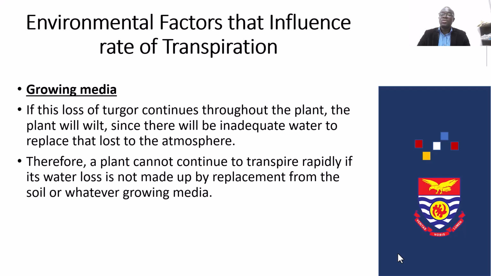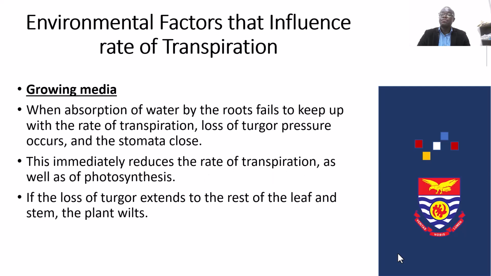If this loss of turgor continues throughout the plant, it will wilt, since there will be inadequate water to replace that loss to the atmosphere. Therefore, a plant cannot continue to transpire rapidly if its water loss is not made up by replacement from the soil or whatever growing media.